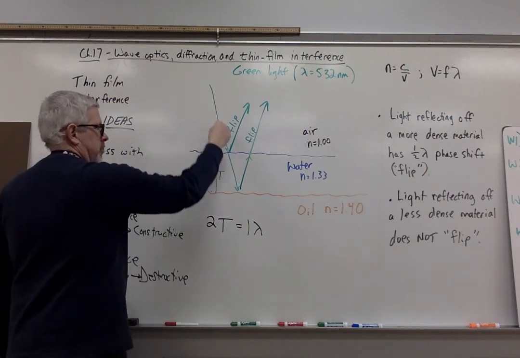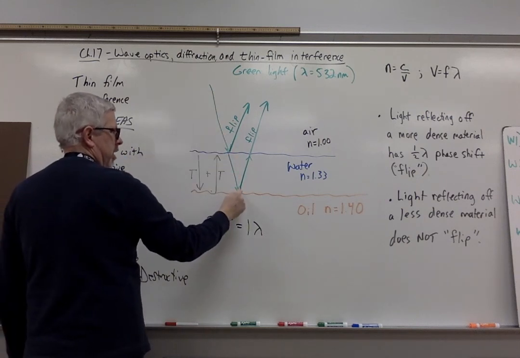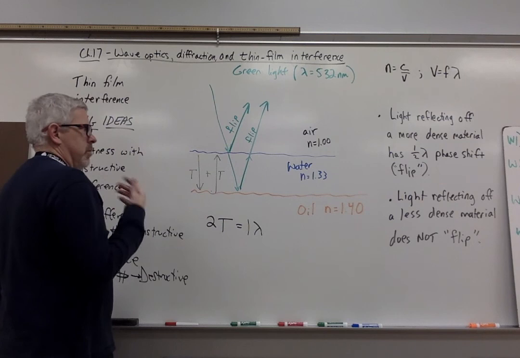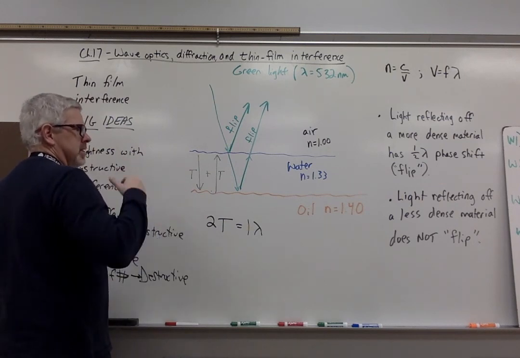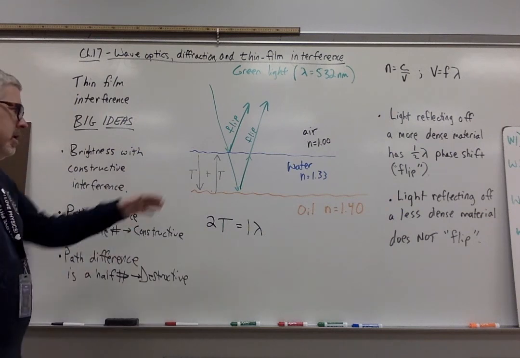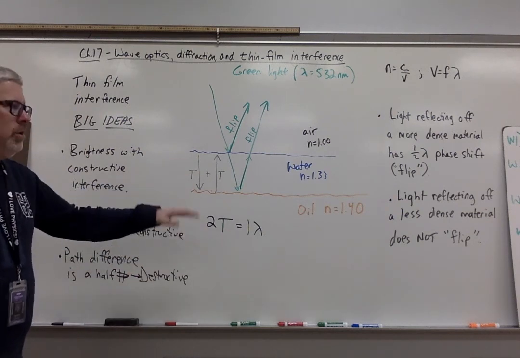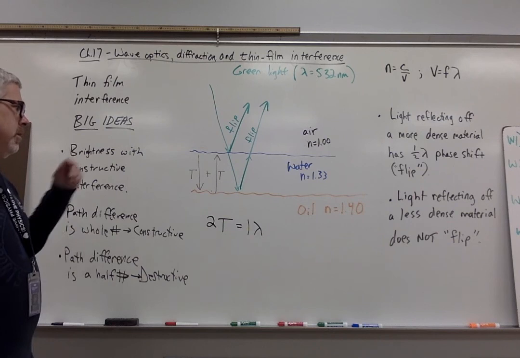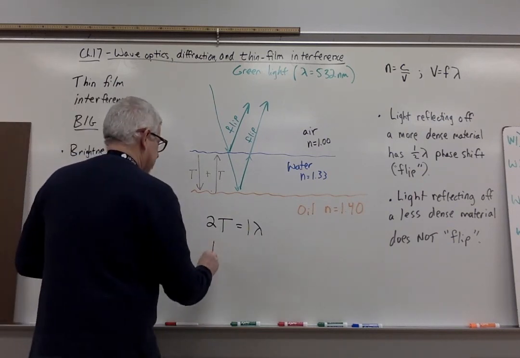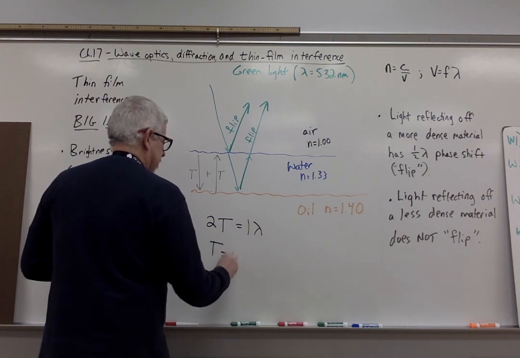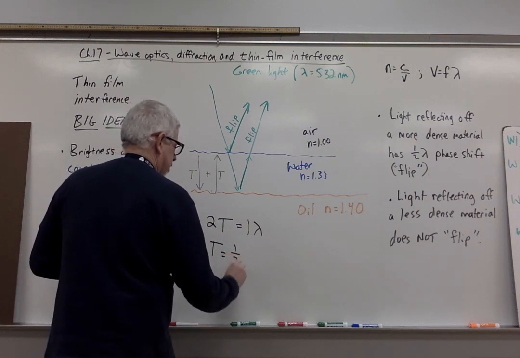So this part of the ray that goes down to the very bottom here and all the way back up, for it to line up again, it's going to need to be 1 whole wavelength longer. That's the minimum it could be. Now we could also have different thicknesses of 2 and 3 and 4 wavelengths longer, but normally we're interested in the minimum thickness here. So that means the thickness of this thing is going to be 1/2 of a wavelength.